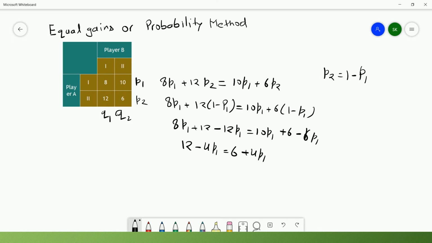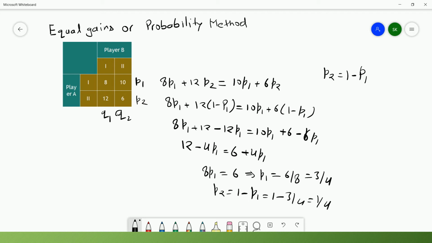So if I take 4P1 this side, I will get 8P1 equal to 6. So from here I will get P1 equal to 6 by 8. That means 3 by 4. So if P1 is 3 by 4, P2 will be 1 minus 3 by 4. That means 1 by 4.